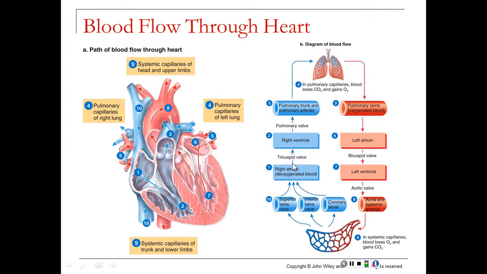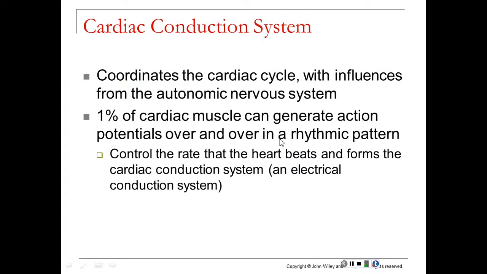That deoxygenated blood travels to the tricuspid valve to the right ventricle, through the pulmonary valve, through the pulmonary trunk and pulmonary arteries, to the right and left lungs, where it picks up oxygen and diffuses that carbon dioxide out. Those pulmonary veins carry that oxygenated blood back to the left atrium, flows to the bicuspid valve, goes to the left ventricle, through the aortic semilunar valve, to the aorta and systemic arteries, in the blood system. It's going to lose the oxygen, pick up carbon dioxide, and the whole system starts again. We'll stop here for part 1.